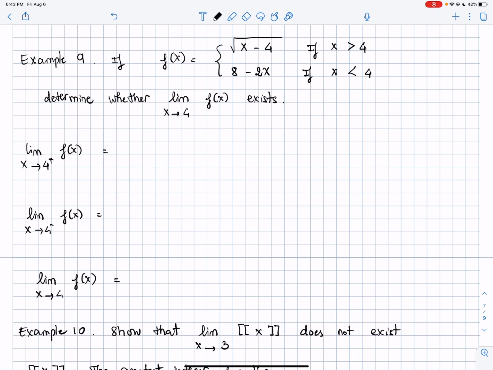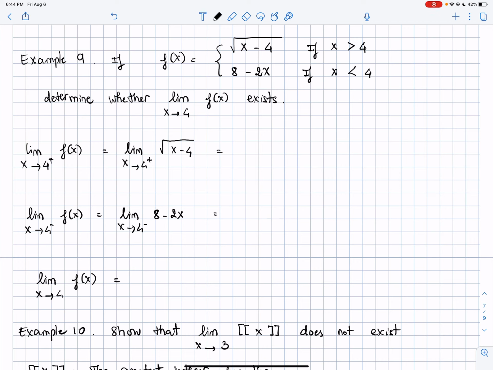When x approaches 4 from the right-hand side, the function f of x is the square root of x minus 4. And when x approaches 4 from the left-hand side, f of x is 8 minus 2x.